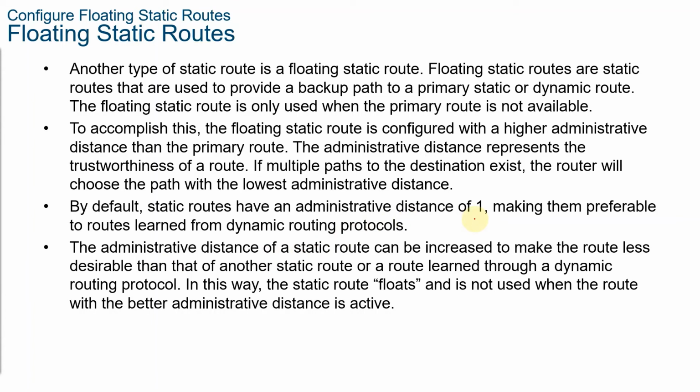The floating static route must be configured with a higher administrative distance than that of EIGRP. EIGRP has an administrative distance of 90. If the floating static route is configured with an administrative distance of, say, 95, the dynamic route learned through EIGRP is preferred to the floating static route. If the EIGRP learned route is lost, the floating static route is used in its place. That is what we call backup.